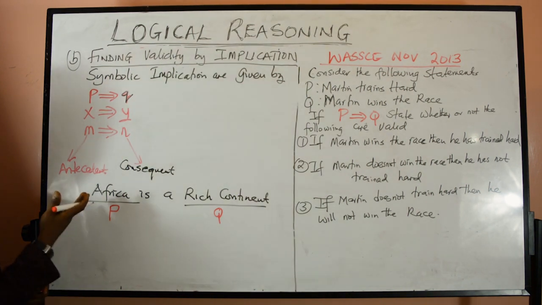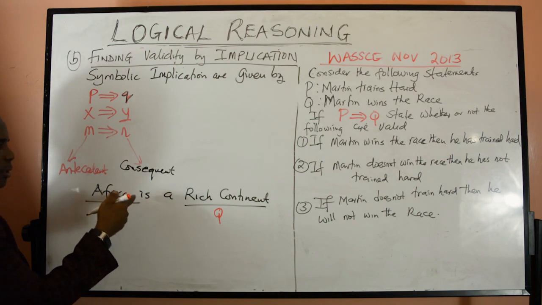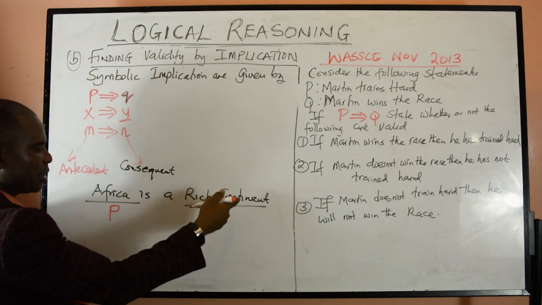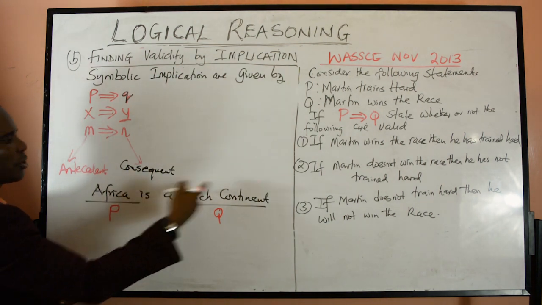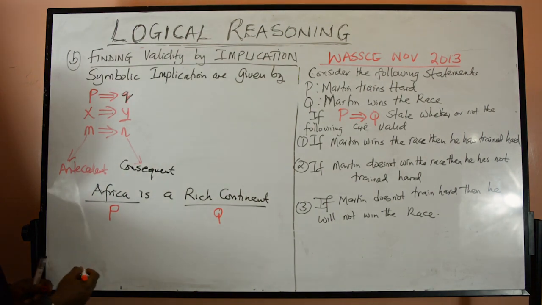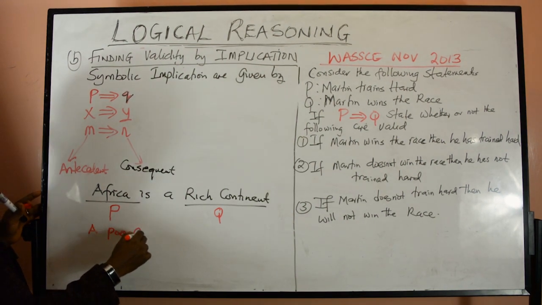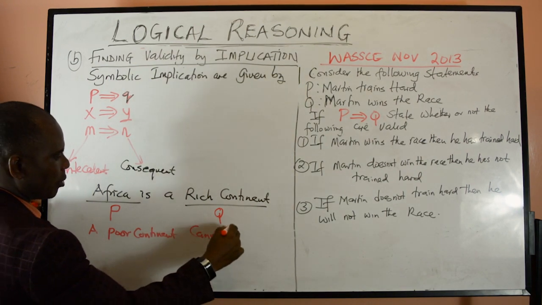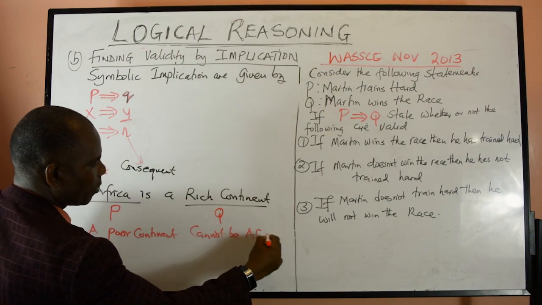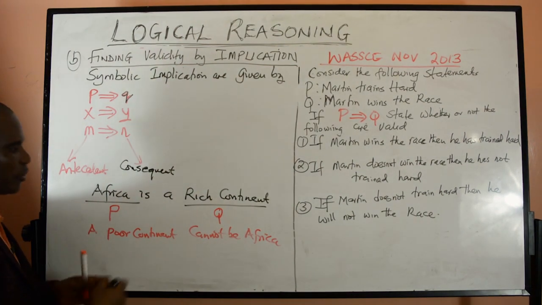If P means Africa and rich continent is Q, and you have said Africa is a rich continent, then I can also say a poor continent cannot be Africa. It is the same sentence, but I've said it in another form.